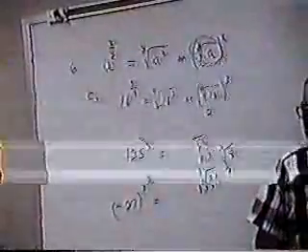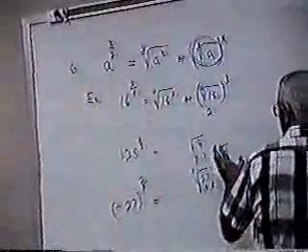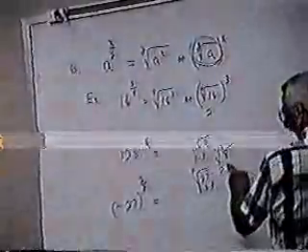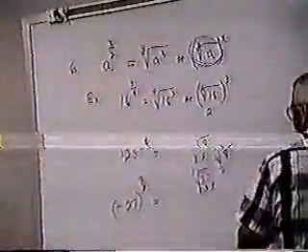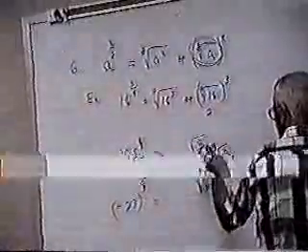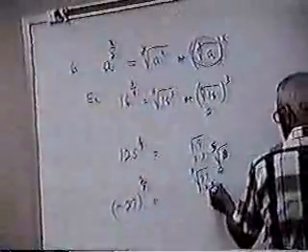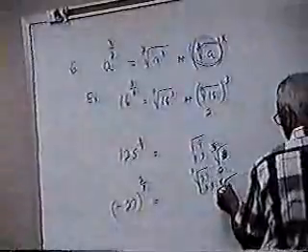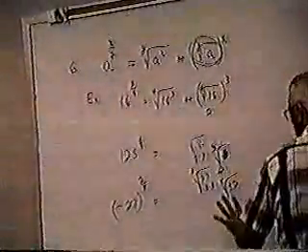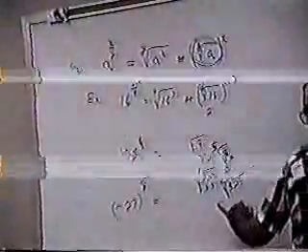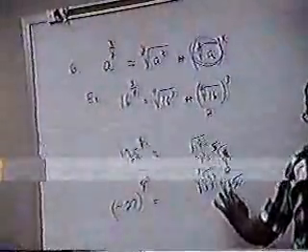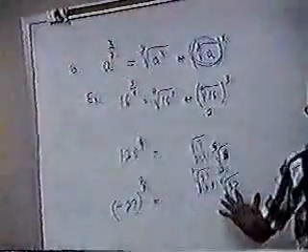So power, if I have 2 raised to the 5th power, it means I take 2 and multiply it with 5 of them. If I have the 5th root of a number, for instance, the 5th root of 32, what number 5 times gives me 32? Well, 2 times 2 times 2 times 2 times 2 is 32.